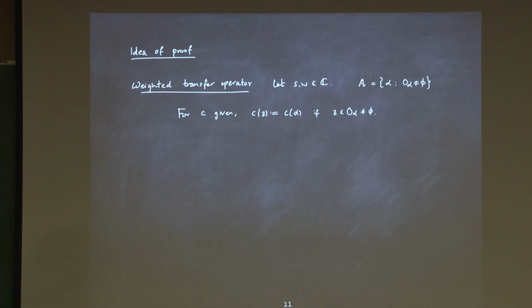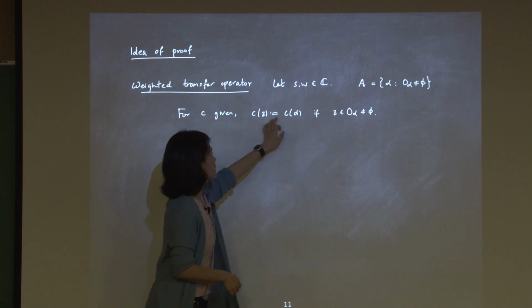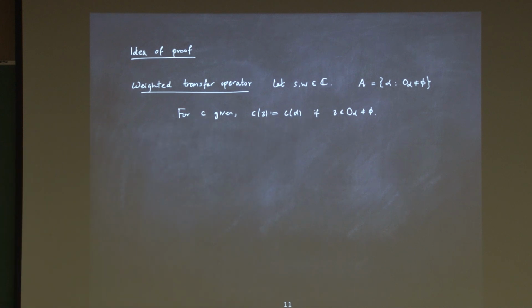Except for finitely many very small alphas, they're all non-empty. Now we think of digit cost as a function on O alpha. If z is in O alpha, we know that it starts with alpha, the first digit is alpha, so we take the digit cost of alpha as C of z.